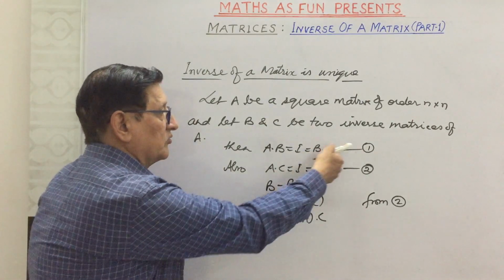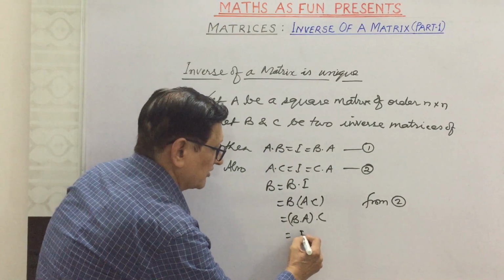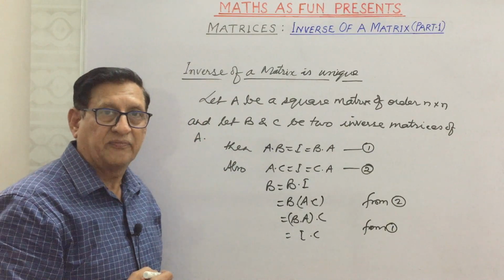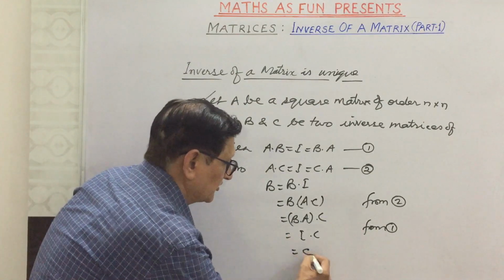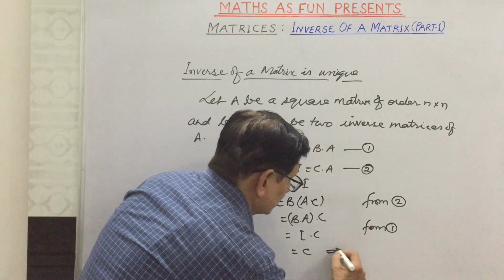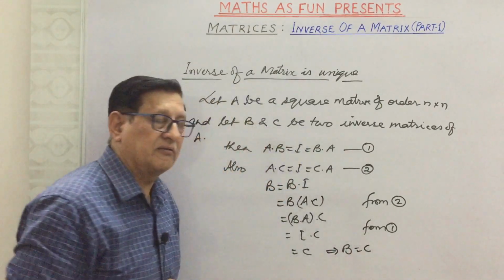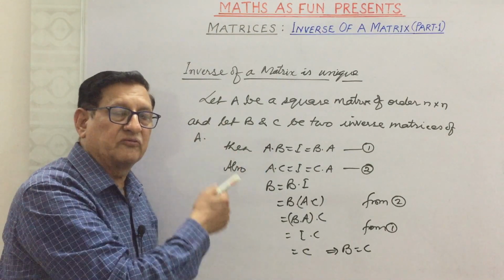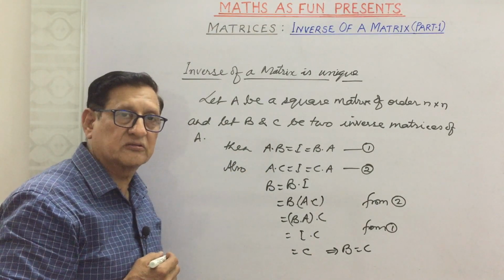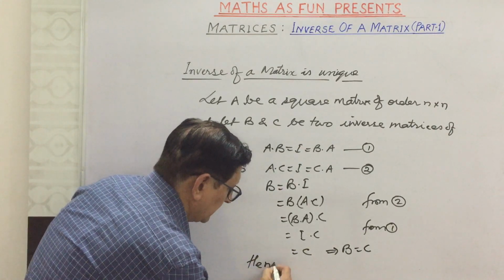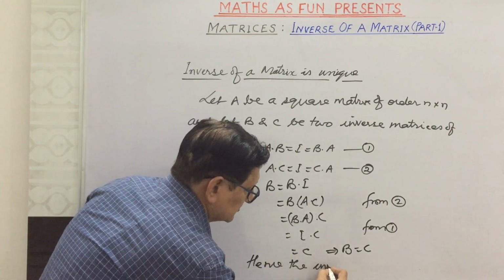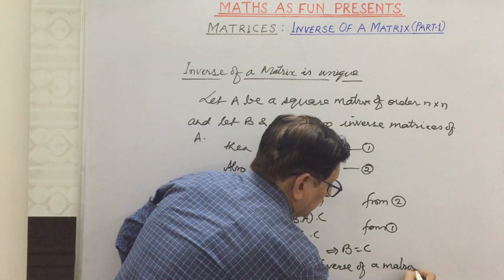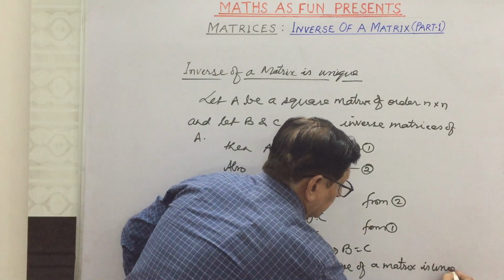And B into A from the first relation is I. So we can write this as I into C, using the first relation. And I into C is equal to C. This implies that B is equal to C. It means there can be only one multiplicative inverse of a square matrix, and hence the inverse of a matrix is unique.